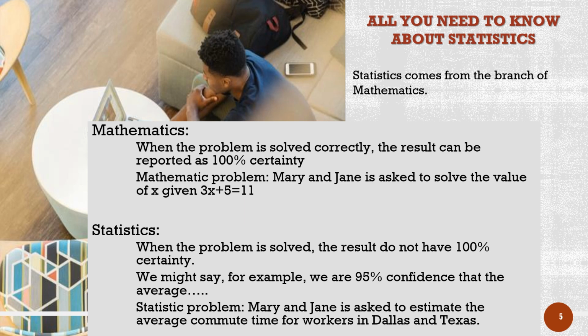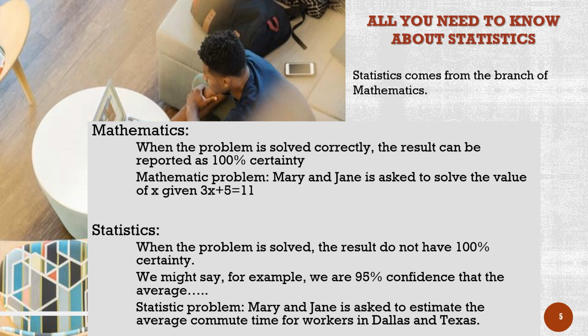For example, let's say you have a problem like this: 3x plus 5 is equal to 11. Therefore, the solution to this mathematical problem, which is the value of x, would be with exactly 100% certainty equal to 11 minus 5 divided by 3. So this is the concept of mathematics.